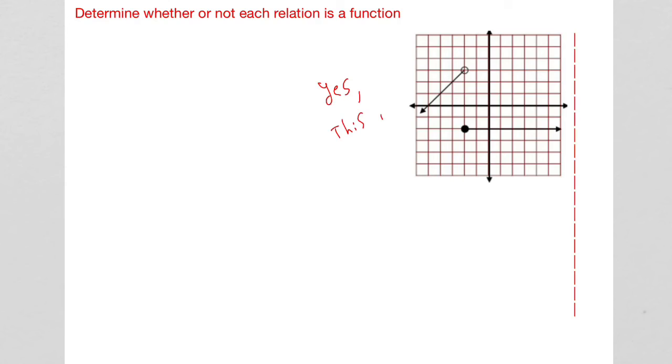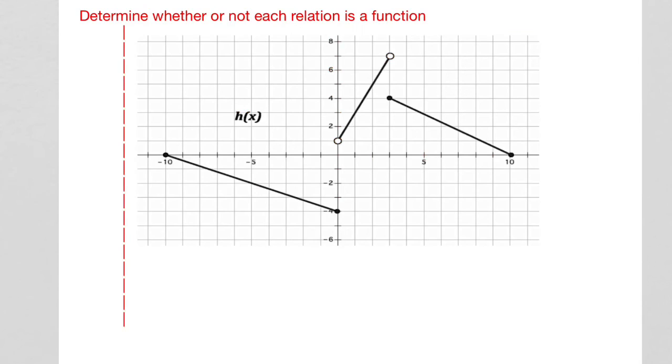This is a function. Let me just make sure to see if I don't have another example. Oh, I do. So let's do this one really quickly. So I'm going to grab my vertical line and begin scanning this to the right. Everything's okay, and then here it looks like it hits at two different spots.